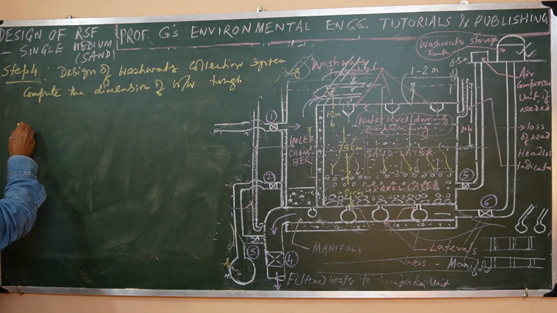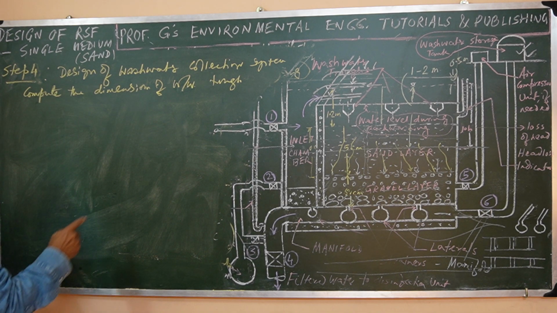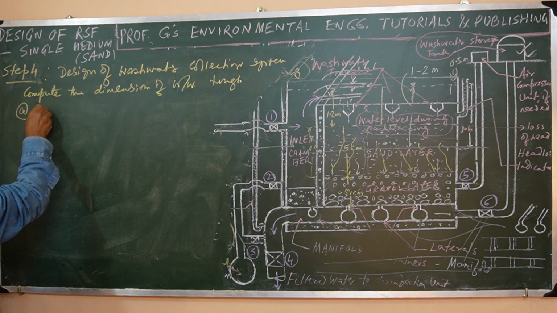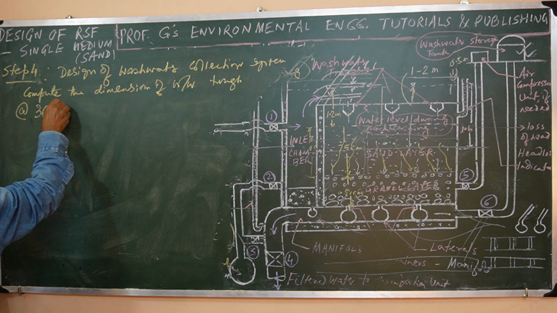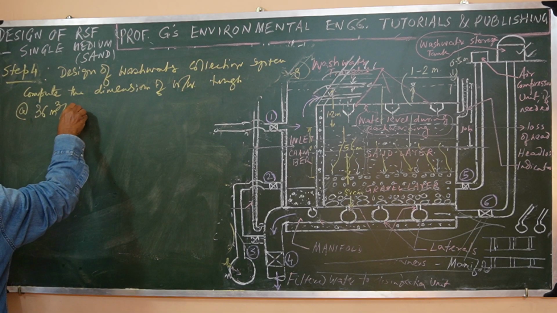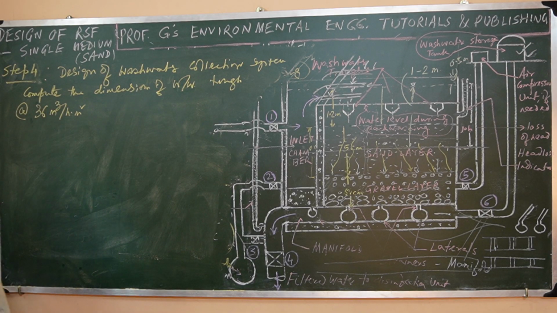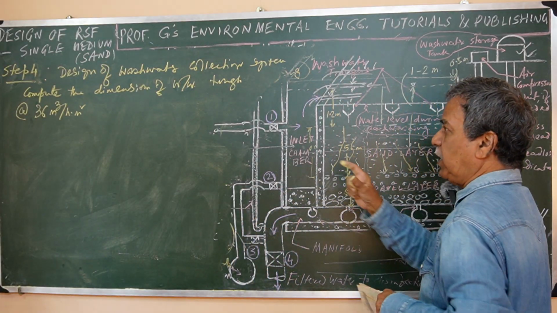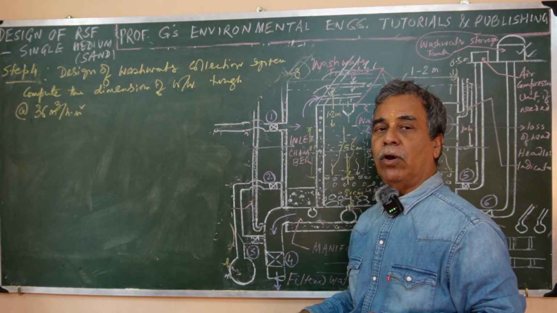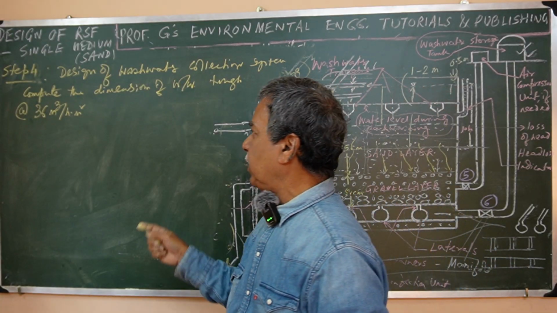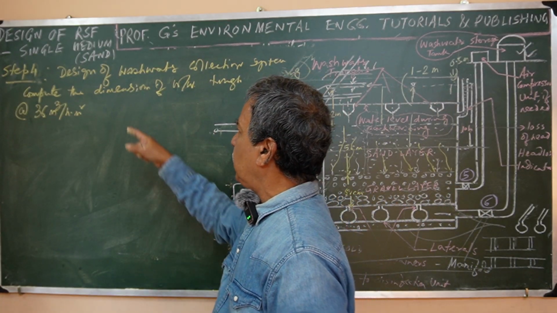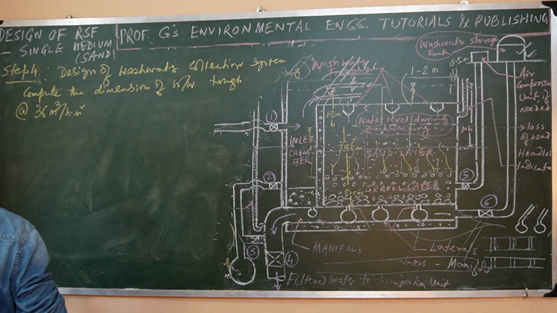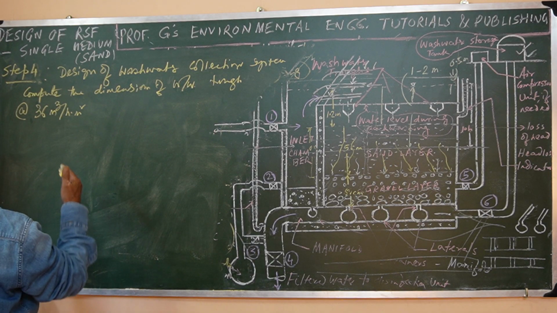Now assuming the wash water rate, which earlier we have discussed, the standard rate we take at say 36 meter cube per hour per meter square. This is a backwash rate what usually we follow. The range is given in the CPHEEO manual, and I have also discussed the range earlier. From that range we have taken the typical value, that is 36 meter cube per hour per meter square, or meter per hour, same, right?